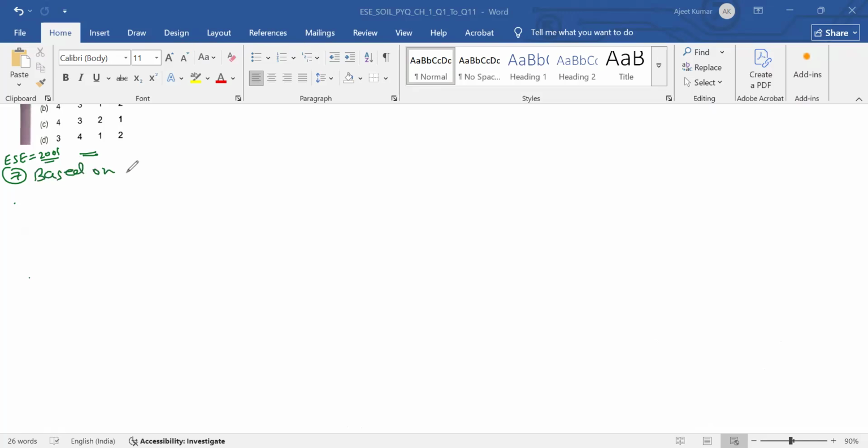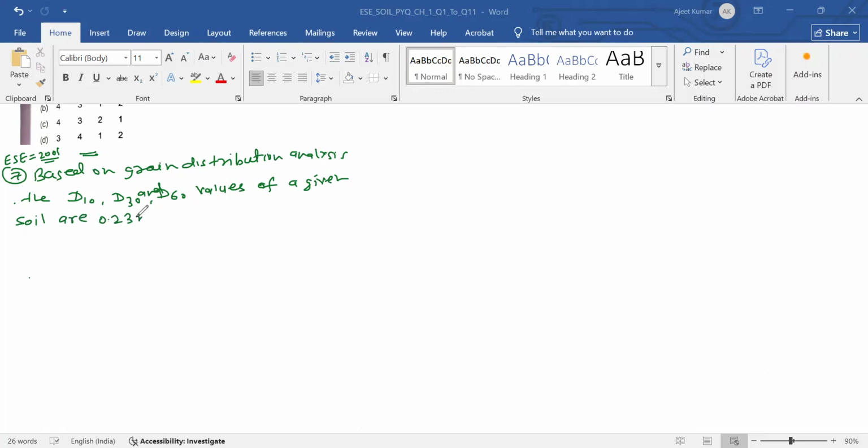Based on grain distribution analysis, the D10, D30, and D60 values of a given soil are 0.23 mm, 0.3 mm, and 0.41 mm respectively.